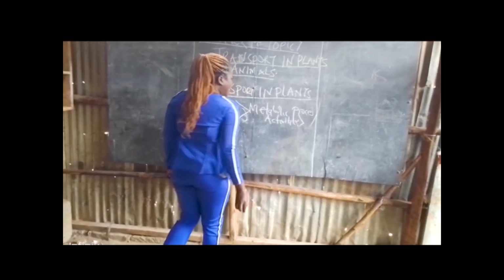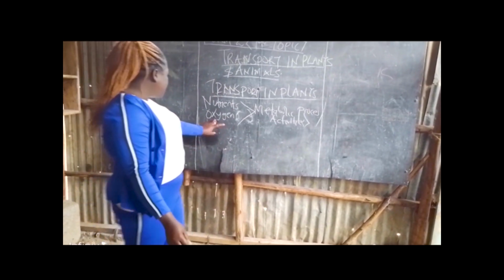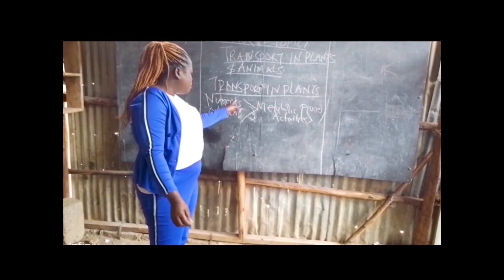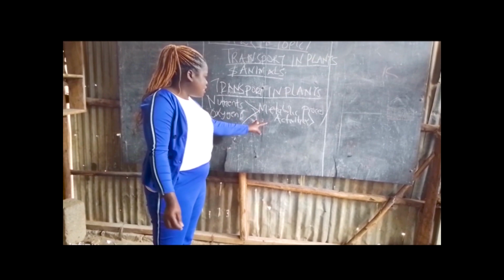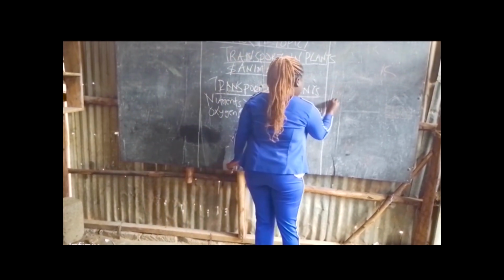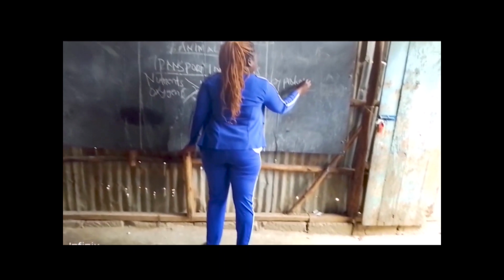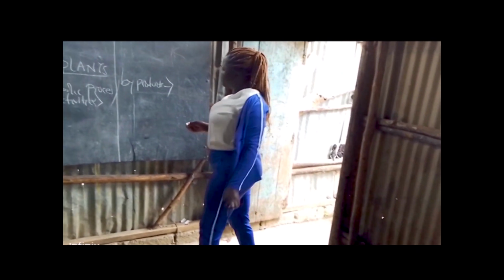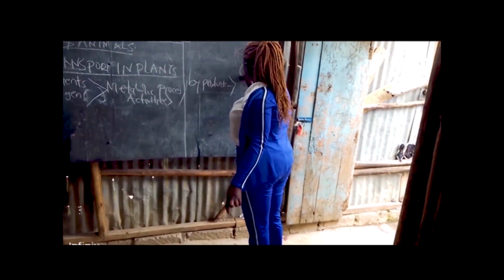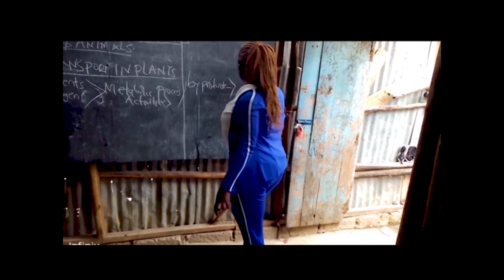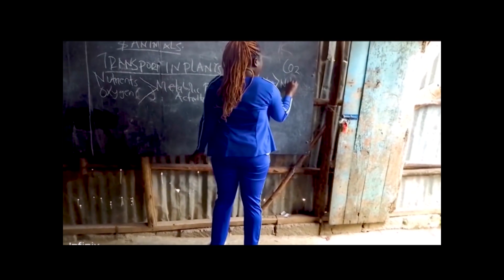Through metabolic processes, they produce byproducts. Which byproducts am I talking about? The byproducts are, for example, CO2 and nitrogenous wastes.